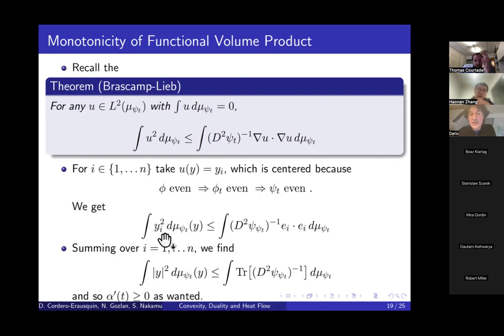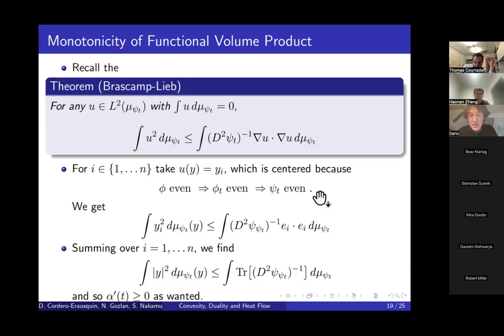So I have that the integral of y squared is dominated by this Hessian term. And now what is the gradient? Well, if I call e i the canonical orthonormal basis, the gradient of my linear function is e i.